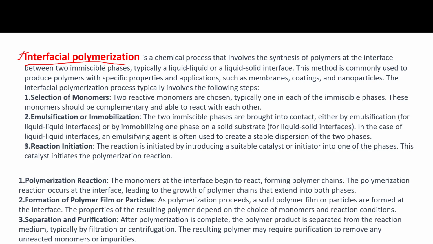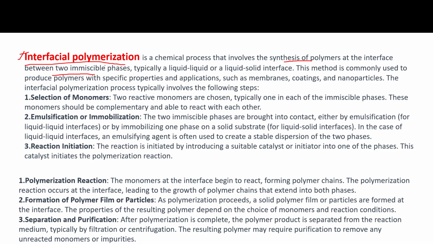So how is this technique done? Interfacial polymerization is a chemical process involving synthesis of the polymer at the interface between two immiscible phases. In solution polymerization we take only one solvent.